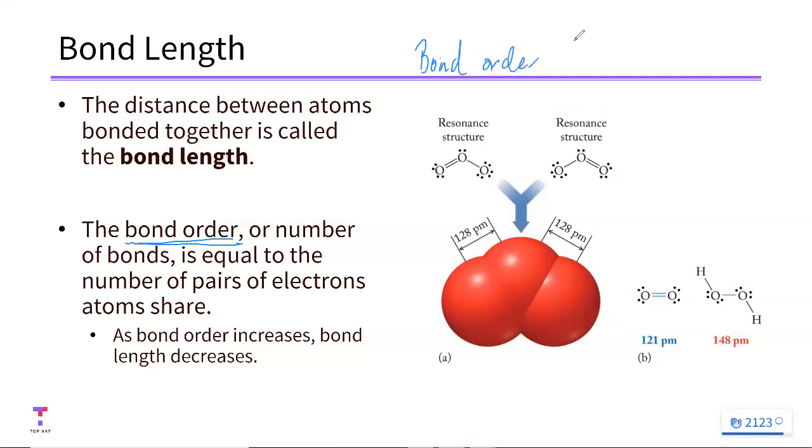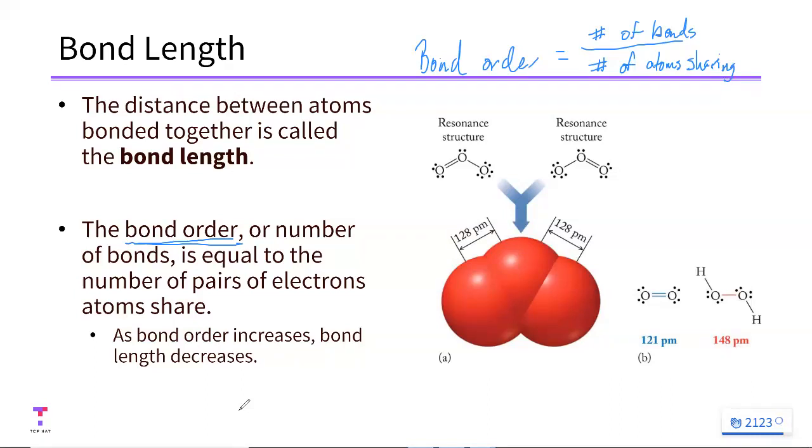For resonance structures, we can estimate the bond order by dividing the number of bonds that are being distributed by the number of atoms that are sharing them.